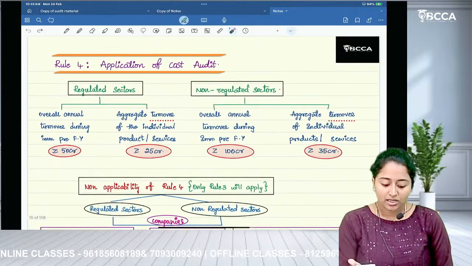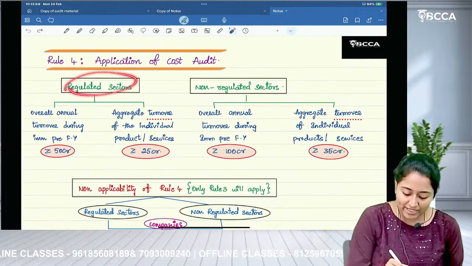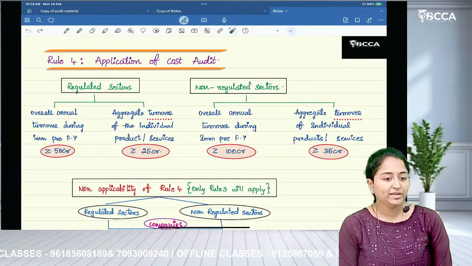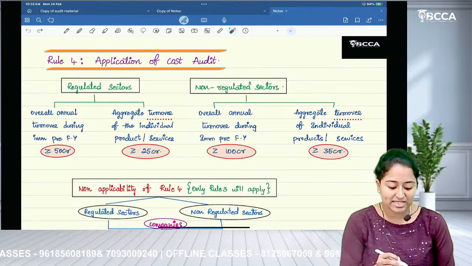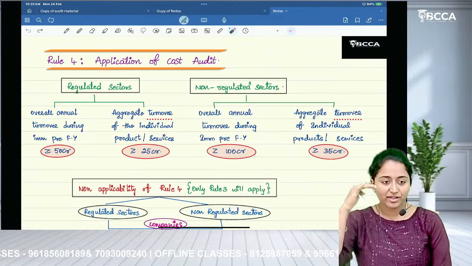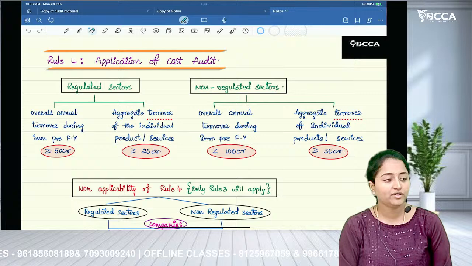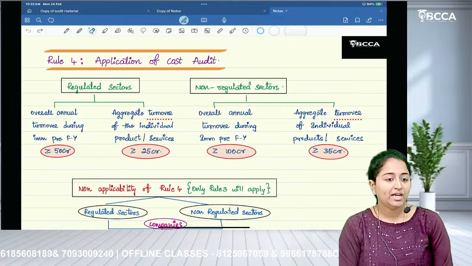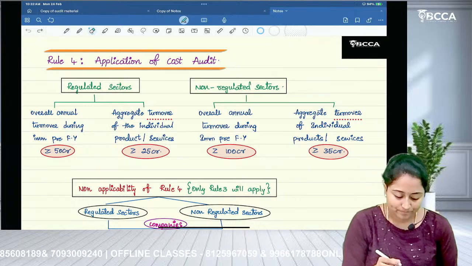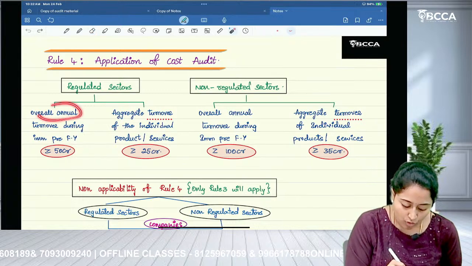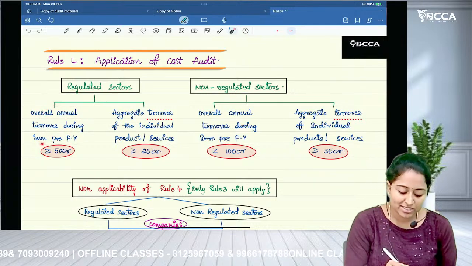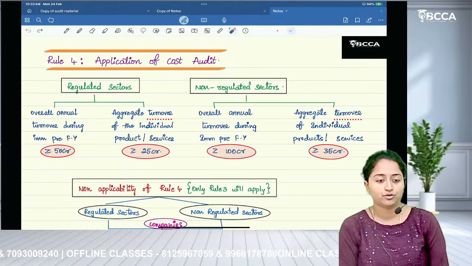Now, coming to regulated sectors and non-regulated sectors. If any product or service is in regulated sectors, those 6 we have seen, and the company is engaged in those, and the overall turnover during the immediate preceding financial year is more than or equal to 50 crores.